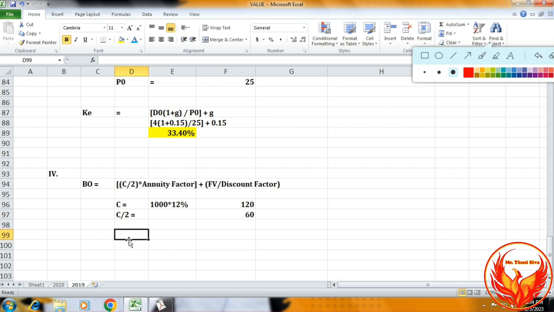The annuity factor. Annuity factor for the semi-annual bond is 1 minus (1 plus R divided by 2) to the power minus N, divided by R divided by 2.